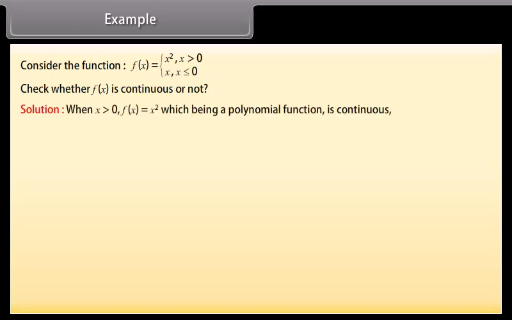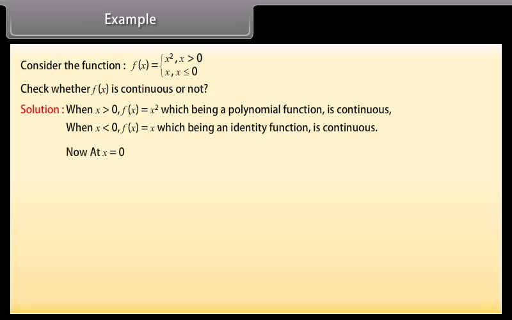When x > 0, f(x) = x², which being a polynomial function is continuous. When x < 0, f(x) = x, which being an identity function is continuous. Now the only doubtful point is x = 0.